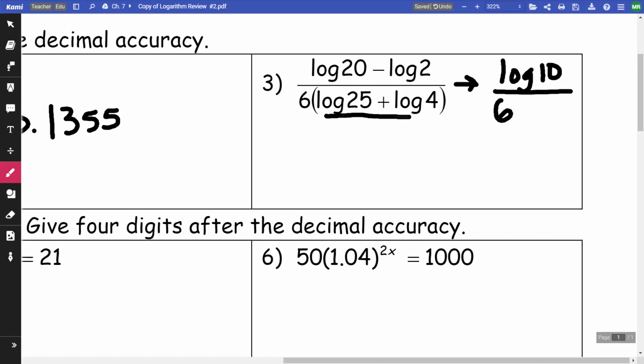And when I'm adding logs, I'm really multiplying, so this is log of 100. I really truly could do this without a calculator. Log of 10 is really log base 10 of 10, which is 1. Log of 100 is really log base 10 of 100, which is 2. And 6 times 2 is 12, and so it's 1/12. Or I can put it in my calculator.